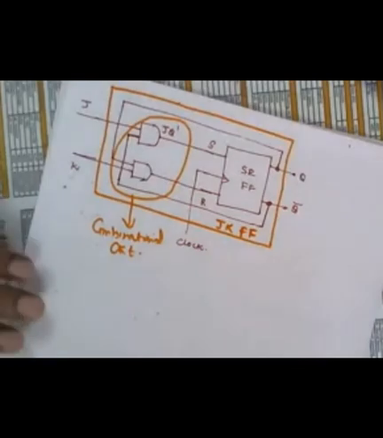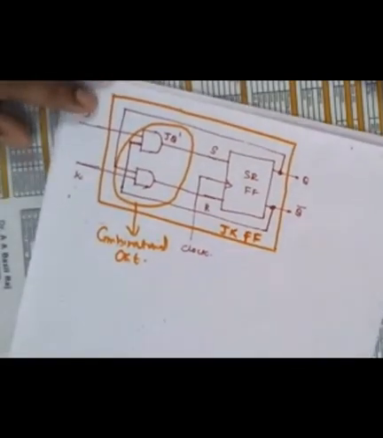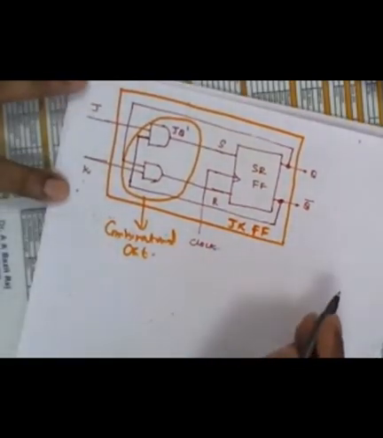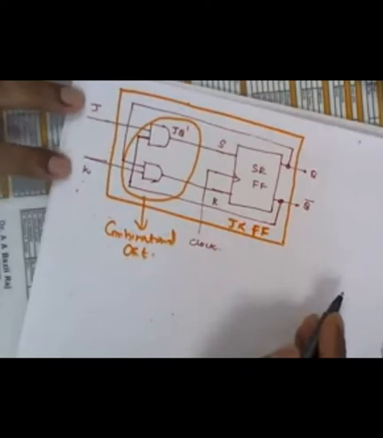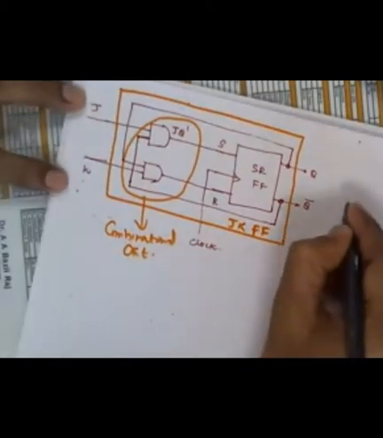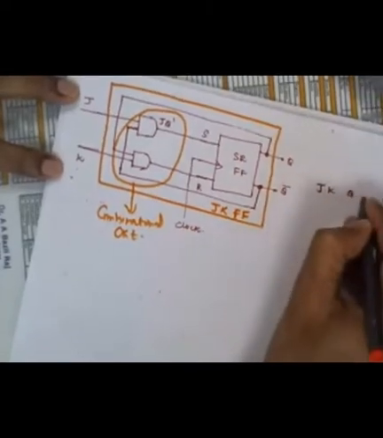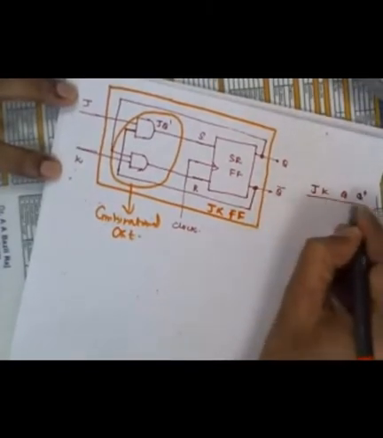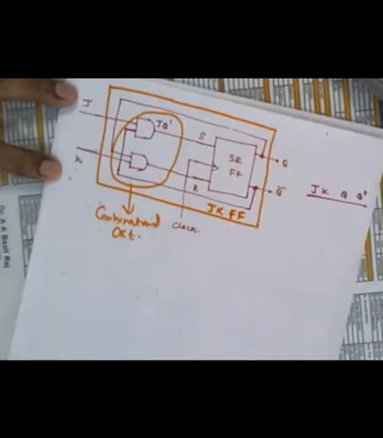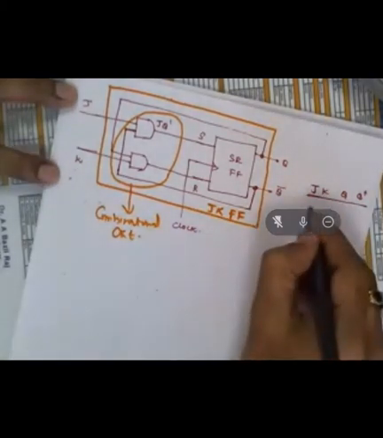Now, if you analyze this circuit, you will understand. Suppose you take one case, any case here. Suppose J and K, Q plus. If J and K are 0, 0, this is 1, 1.